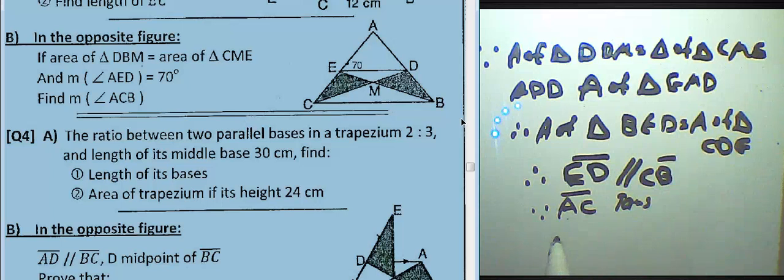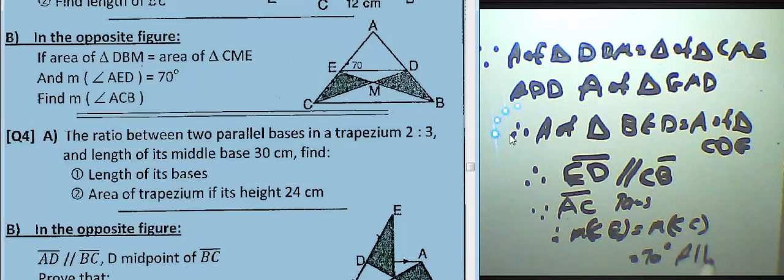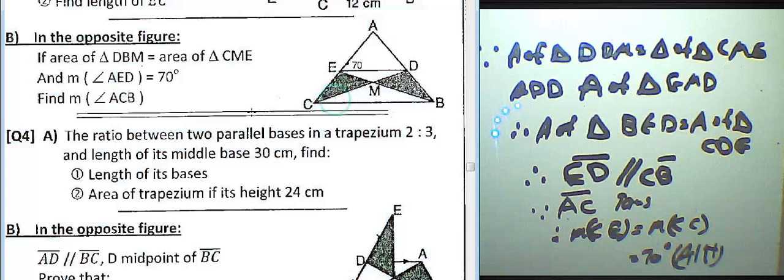Then the measure of angle E equals the measure of angle C equals 70 degrees, alternate angles. The result is 70 degrees.